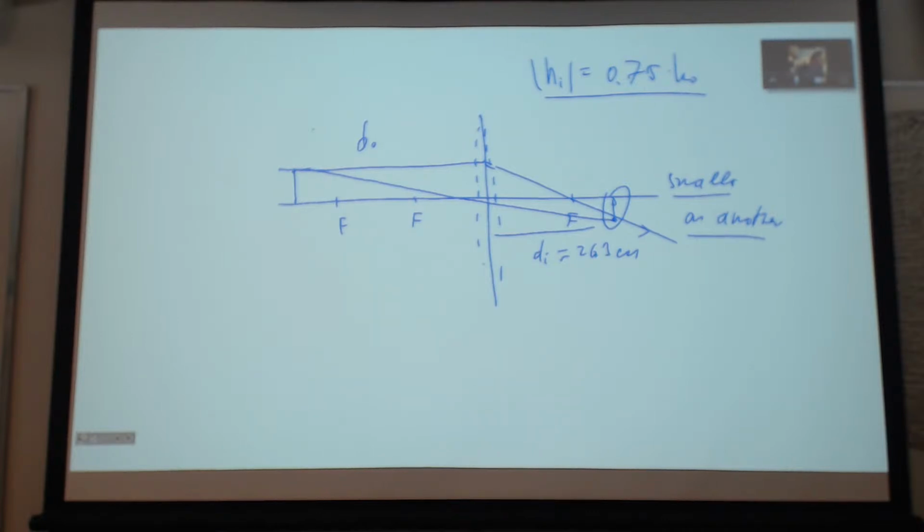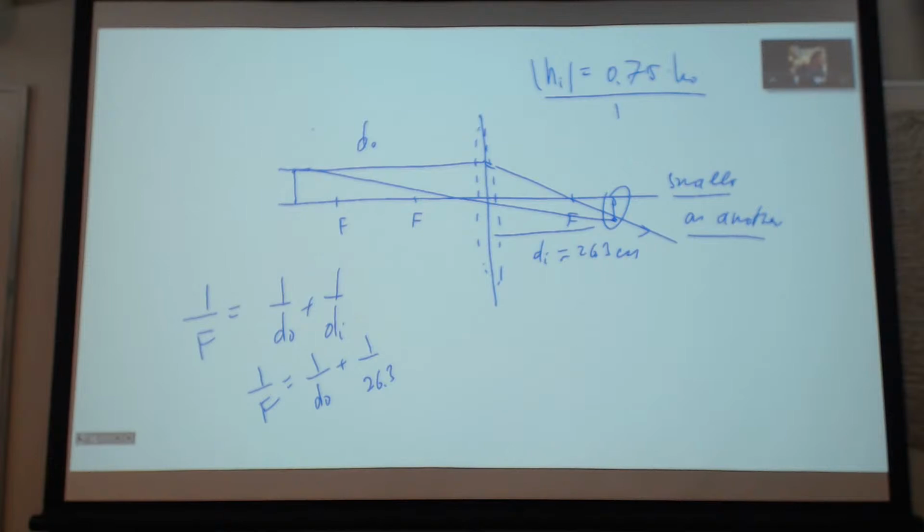Now, the equation. This equation has two unknowns. We don't know the focal distance, we don't know the image distance. This equation only has one variable, and because this is a real image, this is a positive number. We should use a positive number.